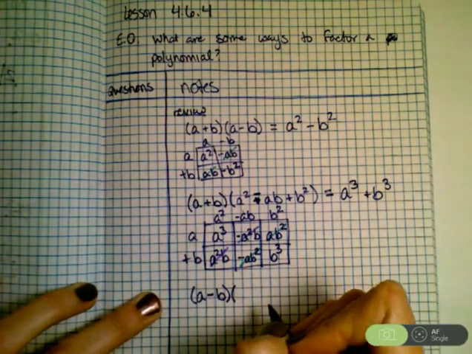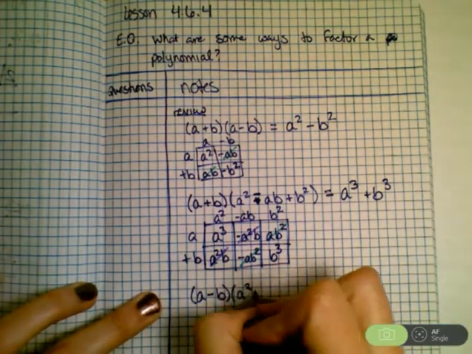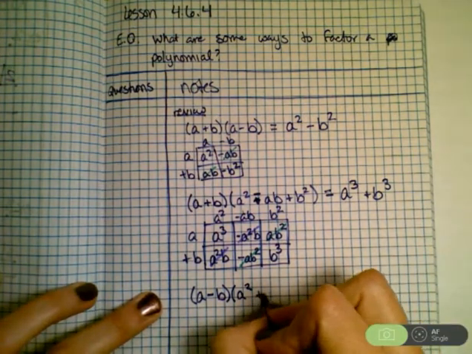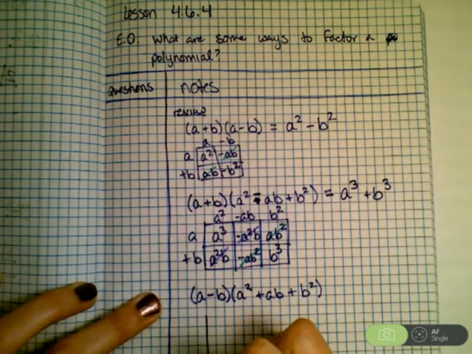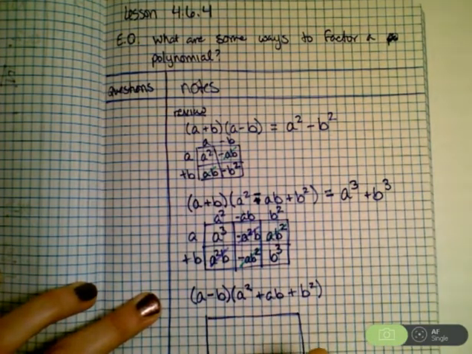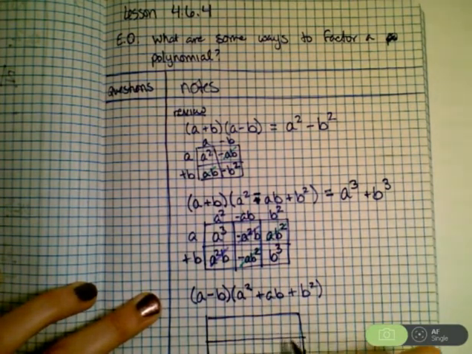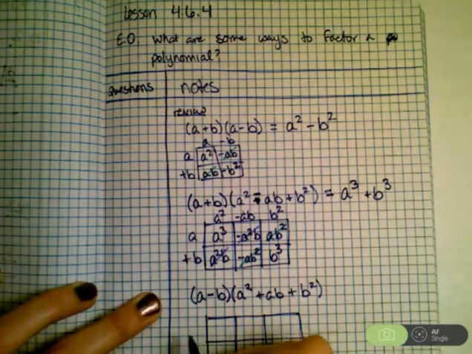Okay, and that brings us to our last one, which is a minus b times a squared plus ab plus b squared. So again, we make a box. Follow along with me if you want, or pause it. Come back and see what I did.